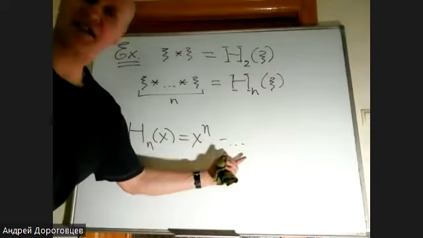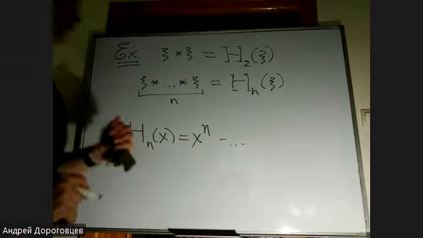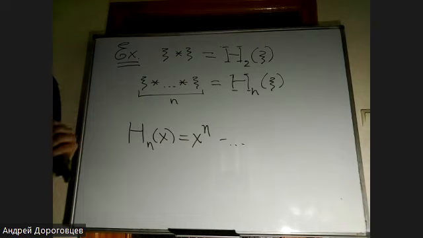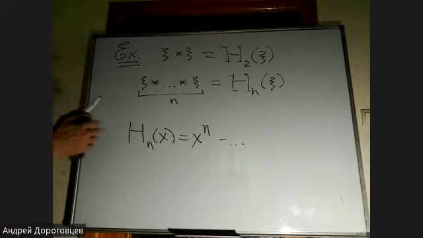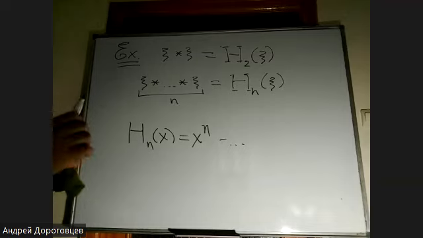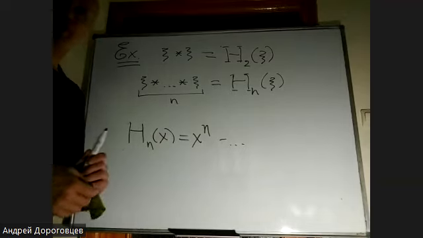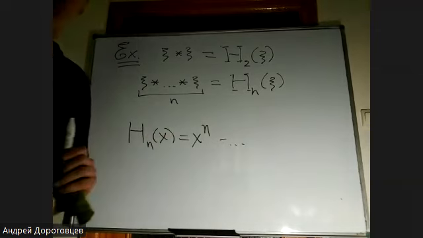Here we have smaller degrees of x. From this point of view, one can say, this came from physics, that the Wick power is a renormalization of the usual power. We subtract some terms of smaller powers.